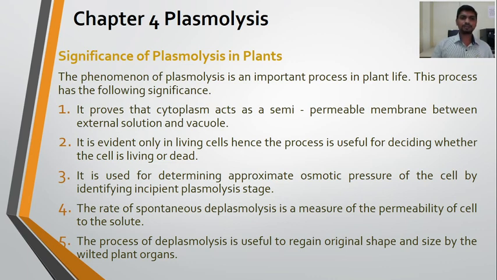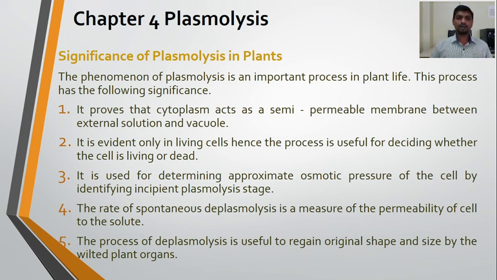So this process proves that cytoplasm acts as a semi-permeable membrane between external solution and vacuole. Plasmolysis occurs only in living cells, so it is useful for deciding whether the cell is living or dead. Further, it is used to determine the approximate osmotic pressure of the cell by identifying the incipient plasmolysis stage.